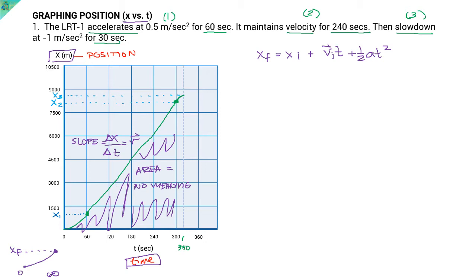So for situation number one, again, as I have told you a while ago, we have three situations here. Let's use different colors. Start with situation number one. So that would be for x1. So in searching for x1, we'll write it as x1 is equal to xi plus vi t plus 1/2 acceleration t squared.